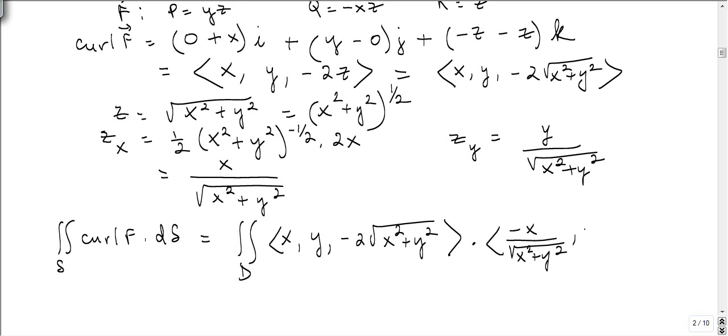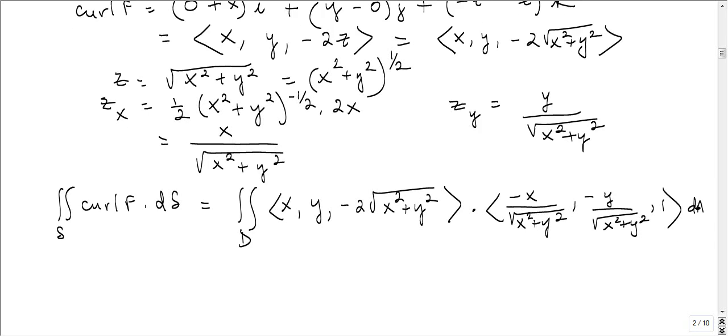Then the minus partial z partial y, so that's minus y over square root of x squared plus y squared, comma 1, dA. We'll put the limits later on, okay? Make sure, when you're doing these things, put your limits at the last step. So work out the integrand, because your integrand may work out to be something so easy. Maybe you might have to change your limits, okay? Let's do that dot product now.